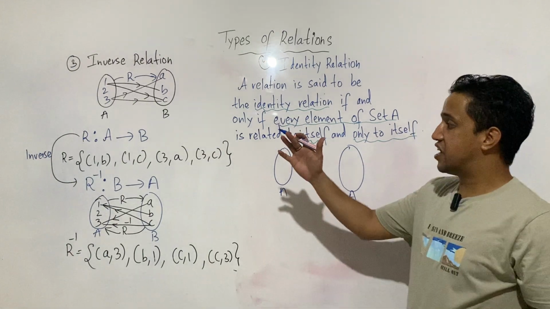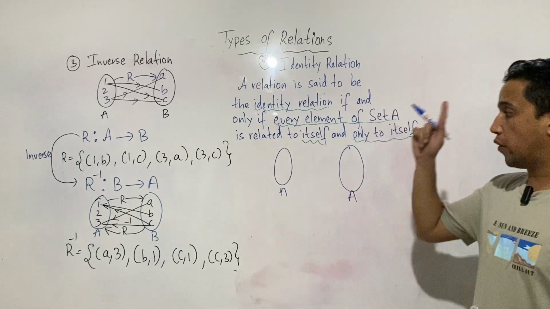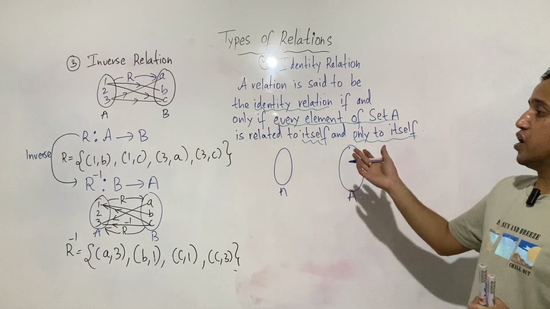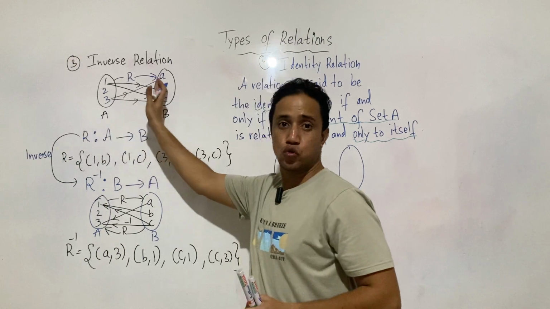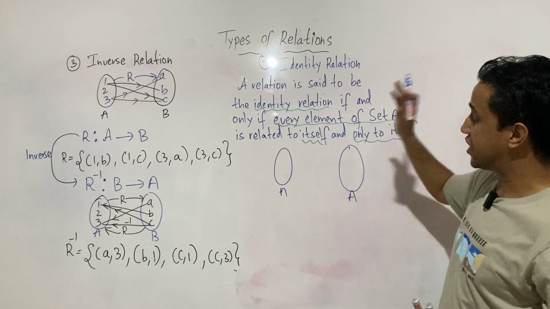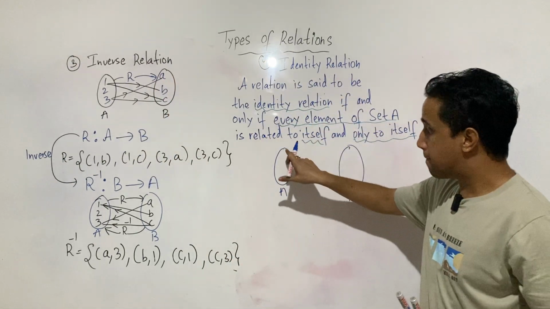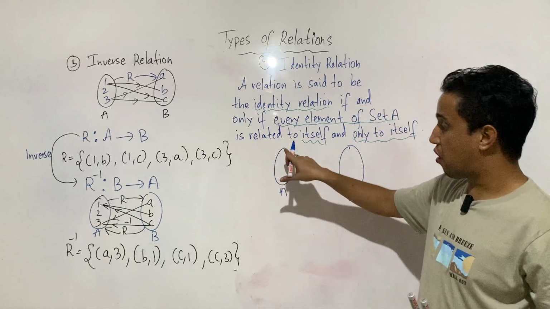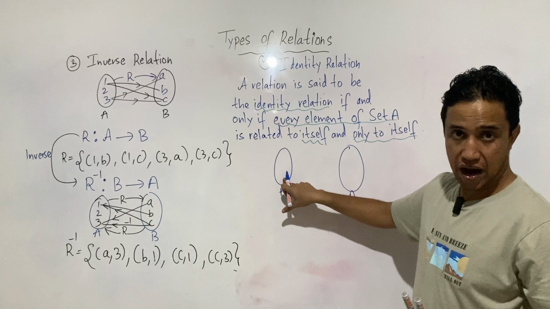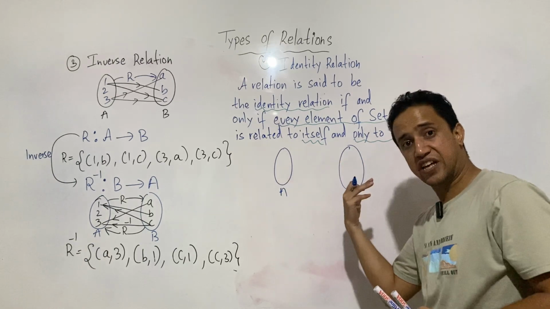So here you cannot do set A to set B. Why? Because we have to relate every element of this set with itself, right?